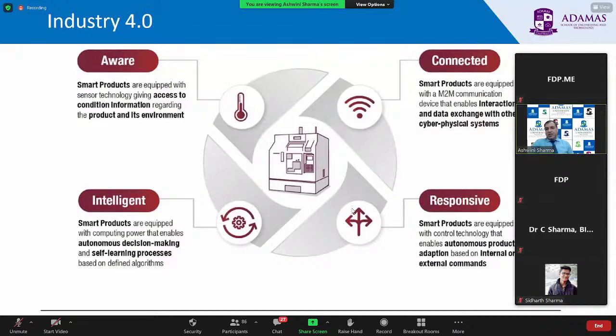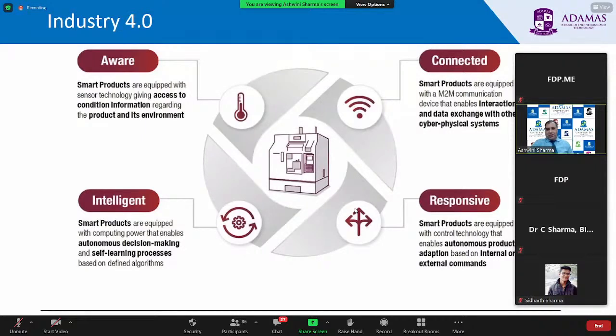Now, what is another thing? That is connection. All smart products I am talking about are equipped with machine-to-machine communication devices that enable interaction and data exchange with other cyber physical systems. This might look like jargon, but we will be seeing cyber physical systems in coming slides.